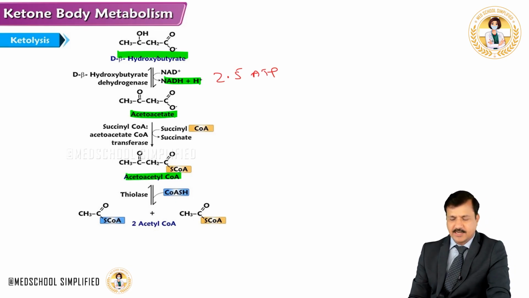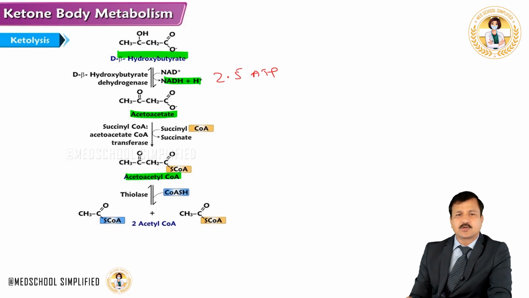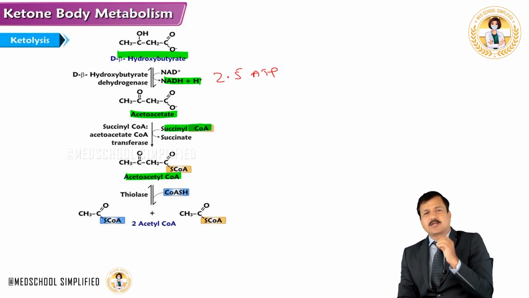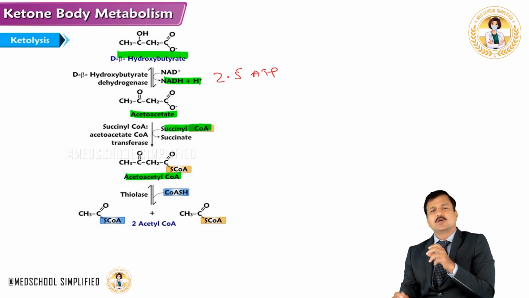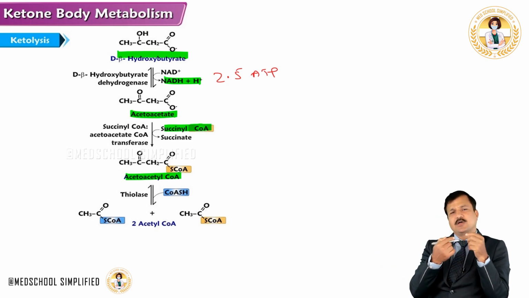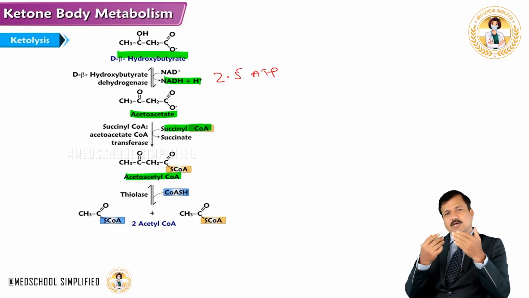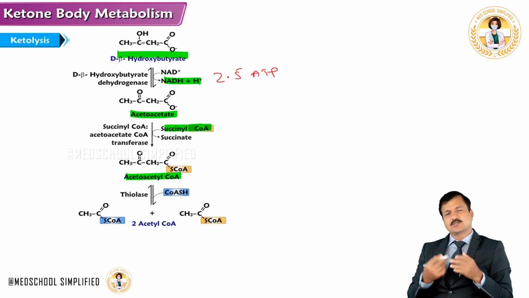Basically, CoA is added here, and the donor of that CoA is succinyl-CoA. Note that ketolysis, that is breakdown of ketone body, is going on in the matrix of mitochondria. So succinyl-CoA is the one that donates CoA here to convert acetoacetate into acetoacetyl-CoA.